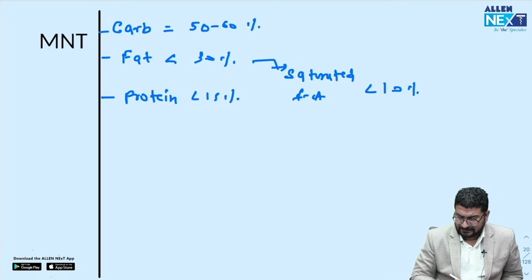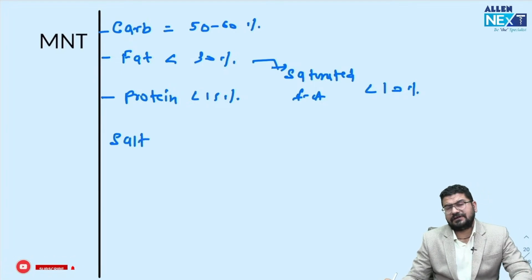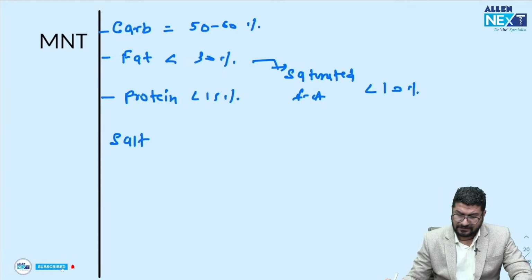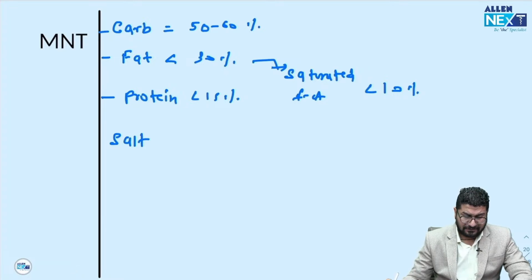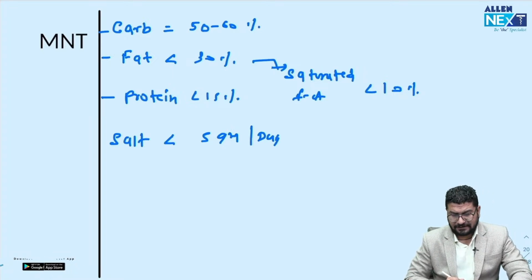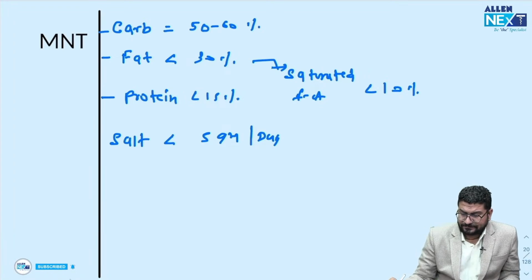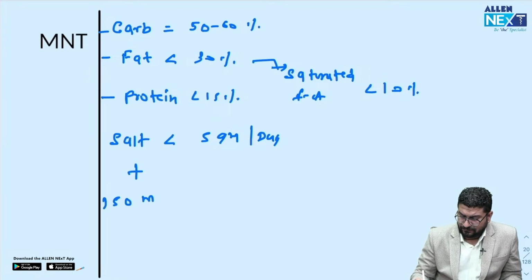So this is the diet, and along with this, remember diabetic patients are also at risk of hypertension. So for salt consumption, you have to remember daily intake should be less than 5 grams. So this is the advice that we give to a diabetic patient. So see, carbohydrate, fat, protein. We call this medical nutrition therapy. And along with this, the person should do brisk walking for 150 minutes in a week.